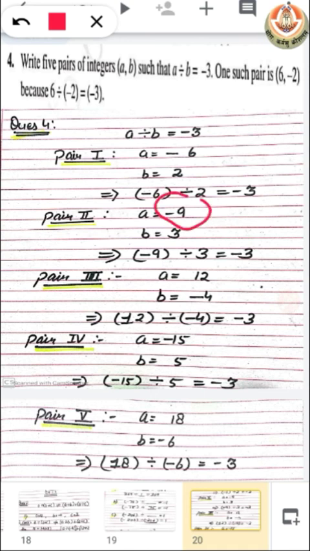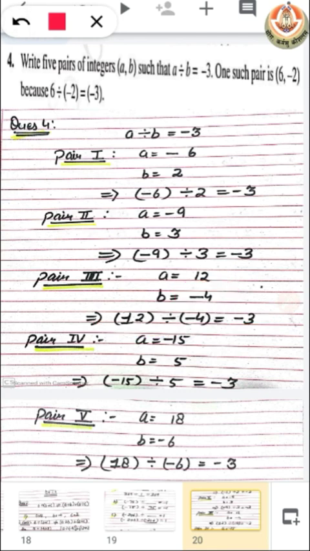So let's put it with -9. So when we divide -9 by 3, we get -3. Similarly, 12 is the 3 times multiple of 4, and for the negative sign we put negative in any one of them, so we put it with 4. When we divide 12 by minus 4, we get minus 3.